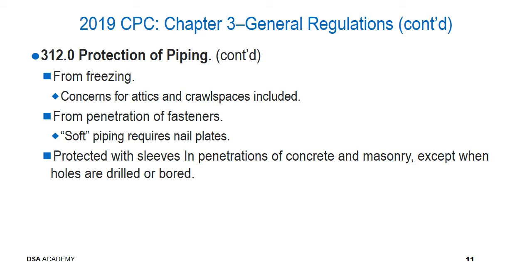Piping has also got to be protected with sleeves at penetrations of concrete and masonry, as we just discussed, except when those particular penetration holes have already been pre-drilled or bored to the correct dimensions to receive the piping and also provide the required annular space between the pipe and the drilled substrate.